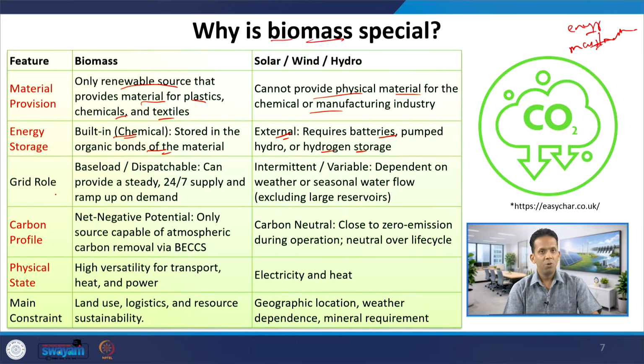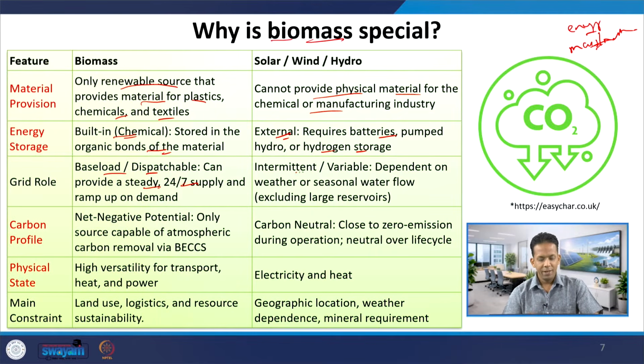Then, so far as grid role is concerned, biomass can be used as a base load or in dispatchable mode, as it can provide steady 24/7 supply and ramp up on demand, because just like coal, biomass can be stored at a location depending on the energy requirement.